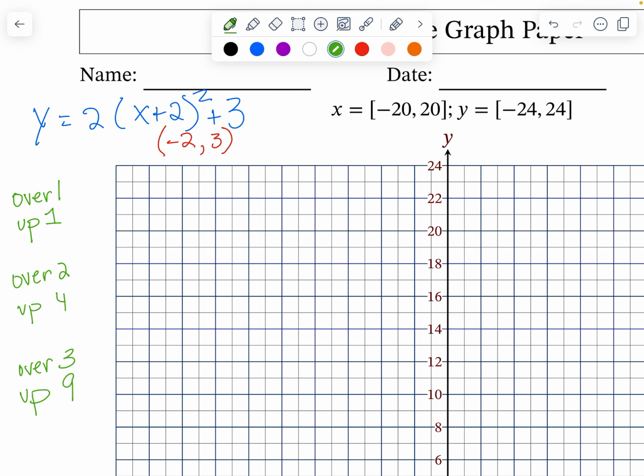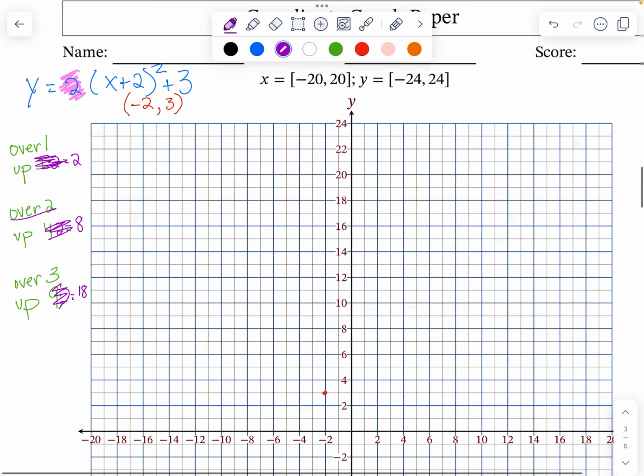Okay, because of this 2 here, we're going to multiply all of these ups by 2. So now we're going to go over 1 up 2, over 2 up 8, over 3 up 18.